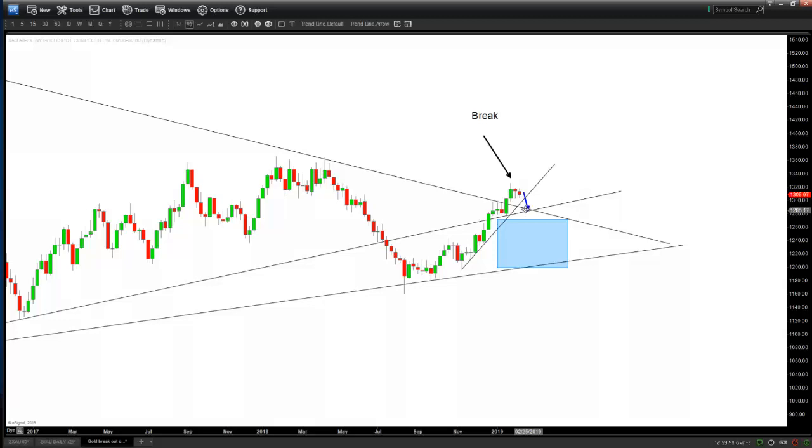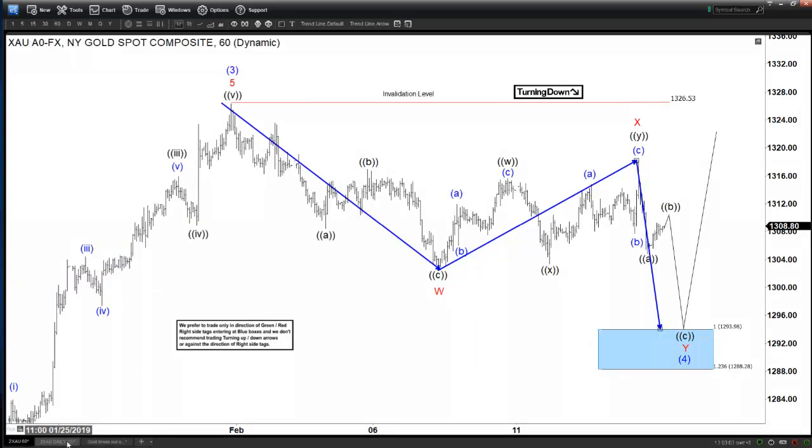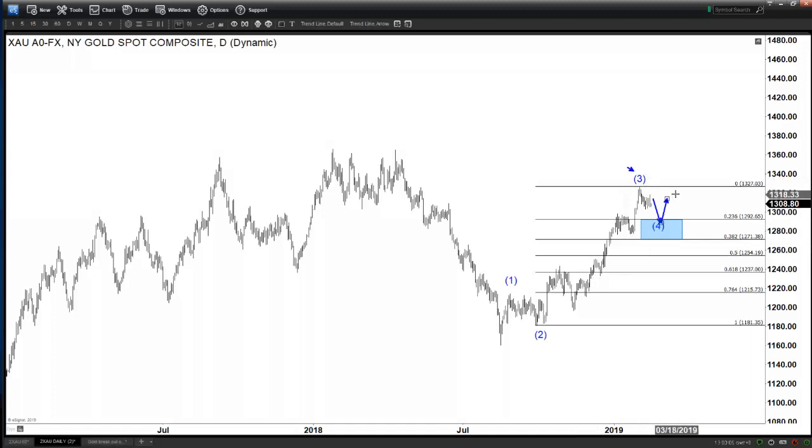So let's call it 1280. That will be completely retesting that broken channel again, and then from there we could find support for the upside, right? So gold, for example, if the cycle is finished, we could be doing a double correction, 1, 2, 3, to end this entire correction, and then still after that rally again.